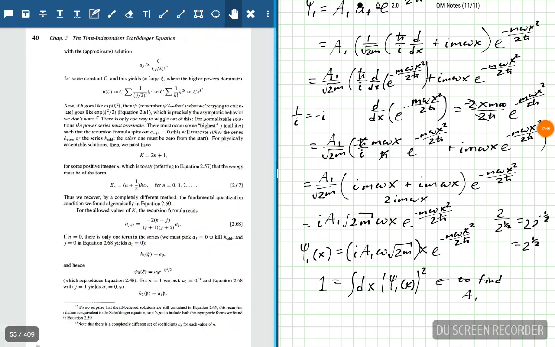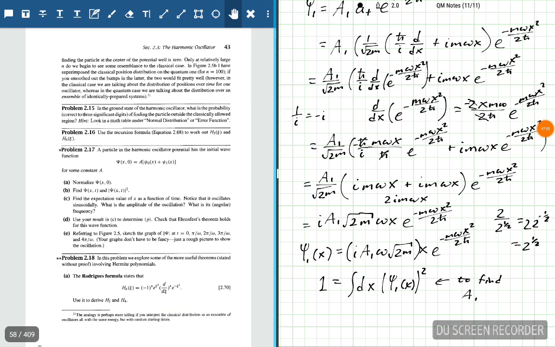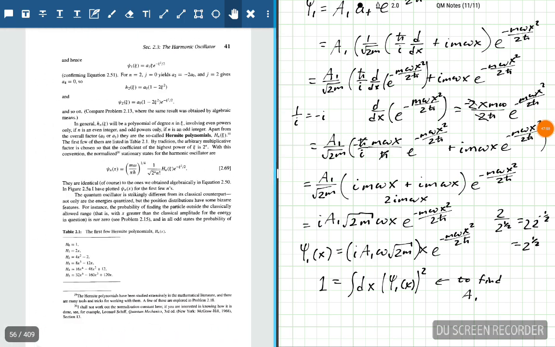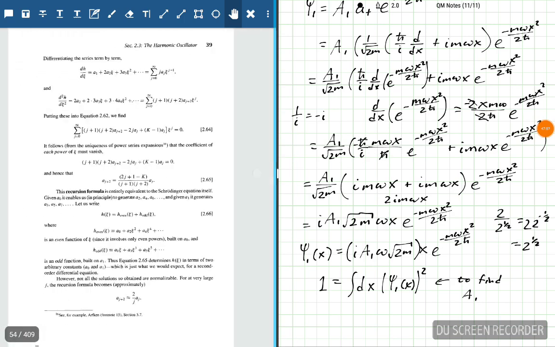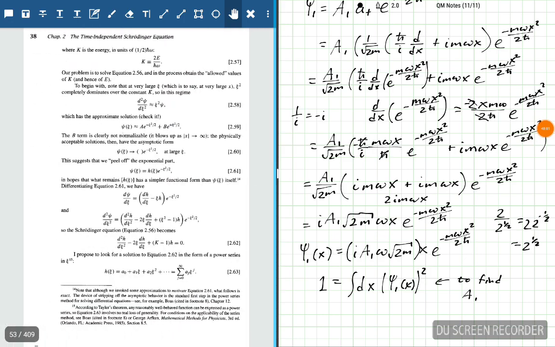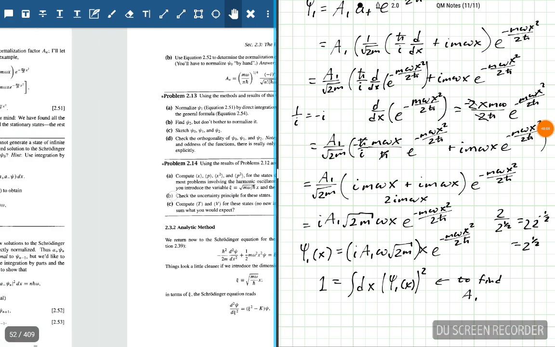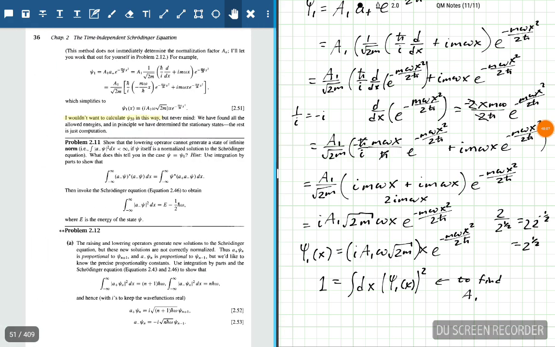That's probably going to be even longer because, yeah, this method is a little rough. It's not as elegant as the ladder operator method. It's brute force. So that's what we'll be doing next. So look forward to some oscillator problems.